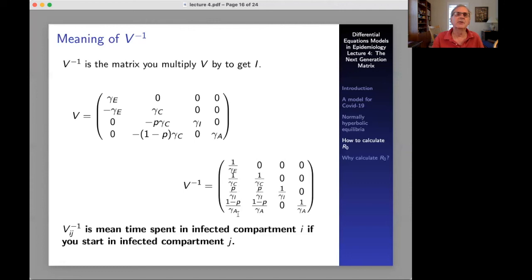If you move into compartment A, you spend 1 over gamma A time there. With probability P, you move into compartment I. With probability 1 minus P, you move into compartment A. And so these numbers simply give you the expected time that you will spend in the different compartments if you start in infected compartment E.